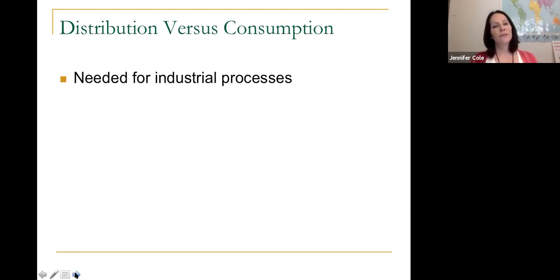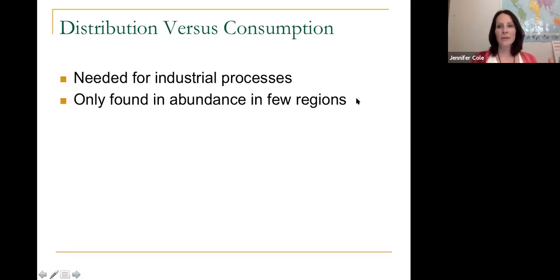So, distribution versus consumption. We need all of these things, for lots and lots of things. The United States keeps something called the Strategic Minerals List. It's a list of materials, metals, of mineral resources, and if we didn't have a steady supply of them, our economic infrastructure would be severely impaired. We need them for industrial, commercial, economic, household, for everything.